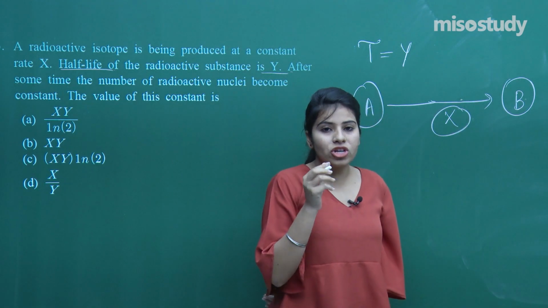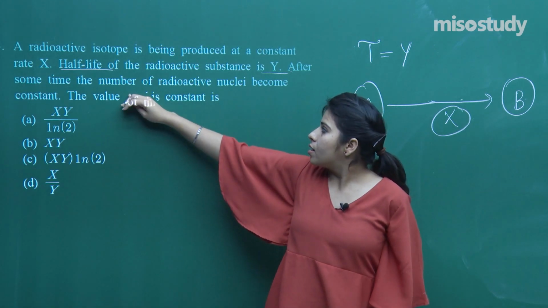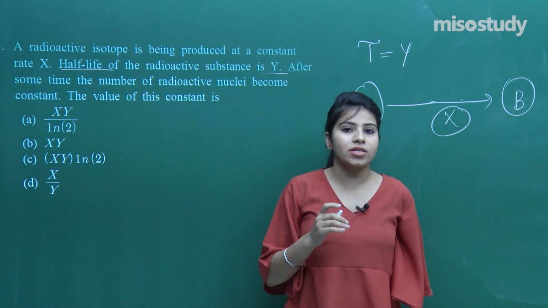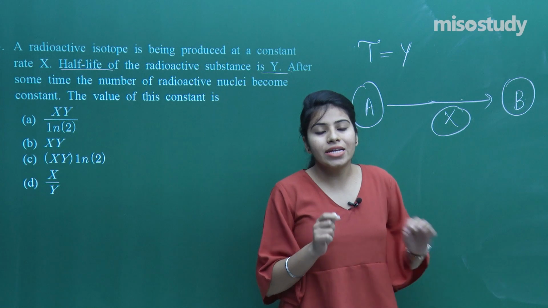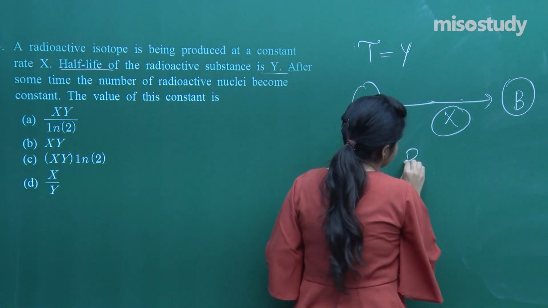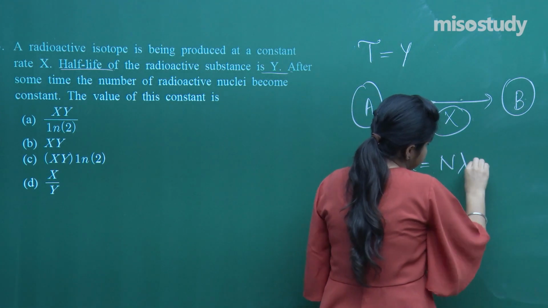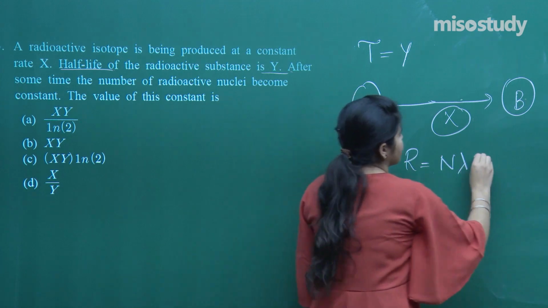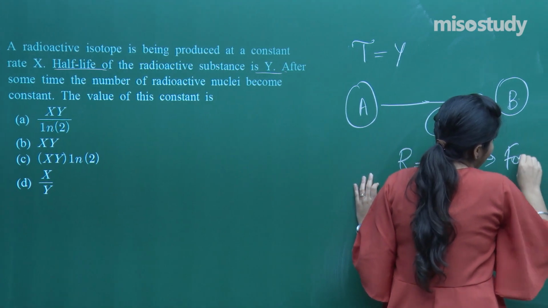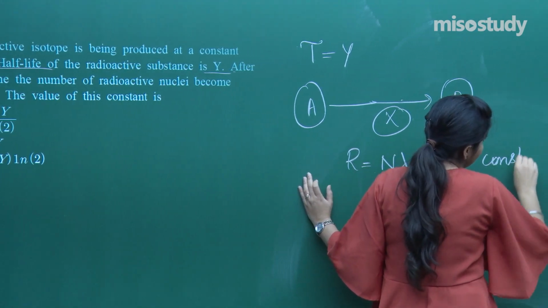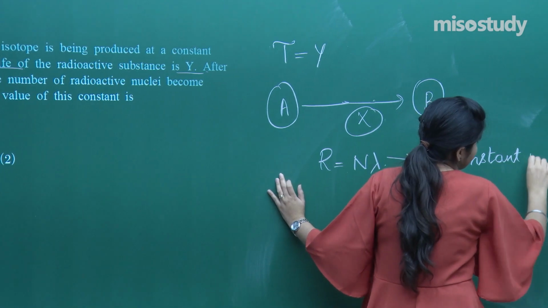Now to get the constant number of radioactive nuclei, the activity should be constant.